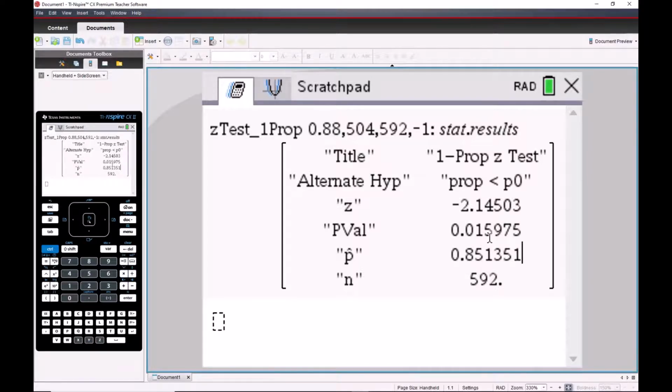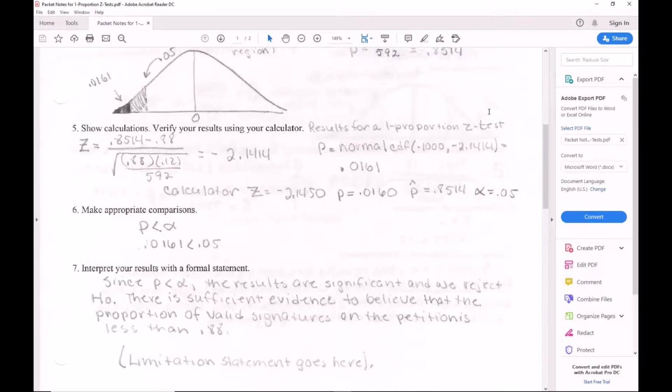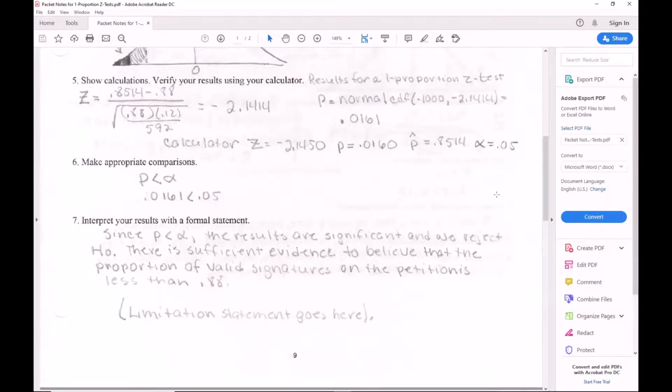There were some rounding issues in it, that's why they're a little different. And then the z is negative 2.145, all right? So there they are. So you name your procedure and you write down these things. And you can put the alpha in there with it. Okay, there it is.